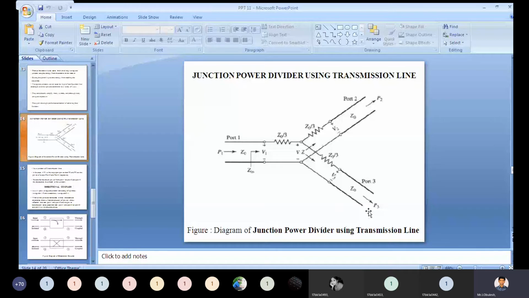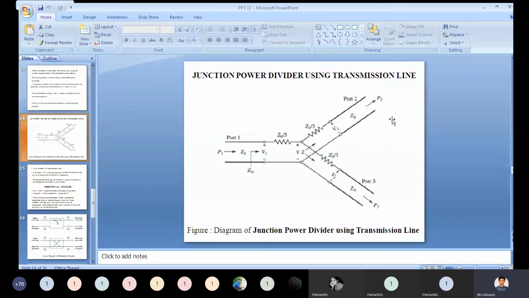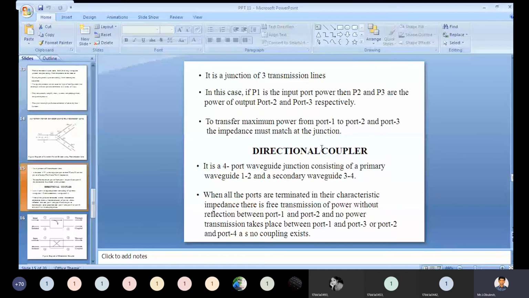If you want to get the maximum power from the output ports P2 and P3, initially you require matching. The impedance must match at the junction. At the junction level, the impedance must be matched. This is the basic point we are discussing now.